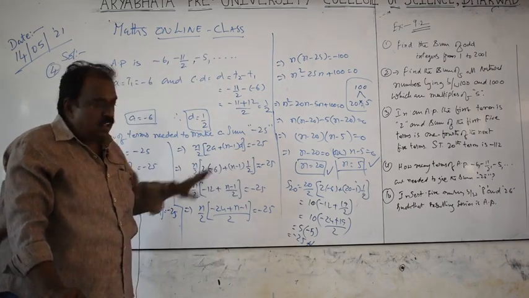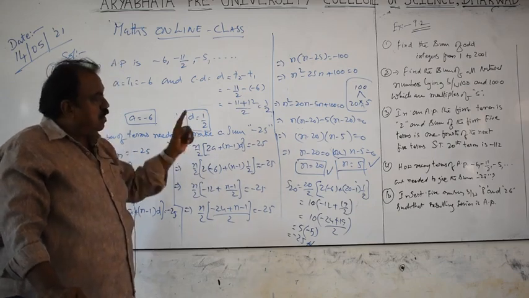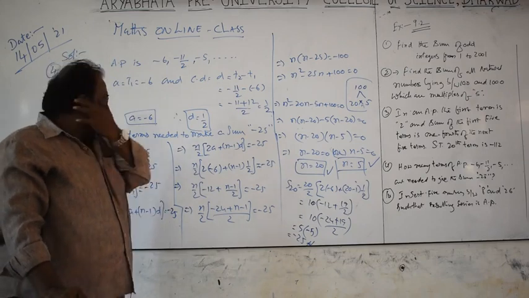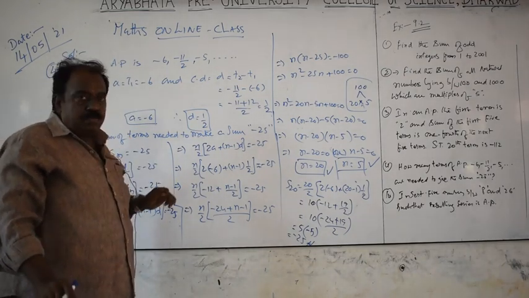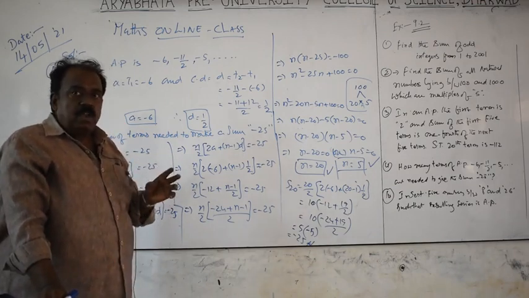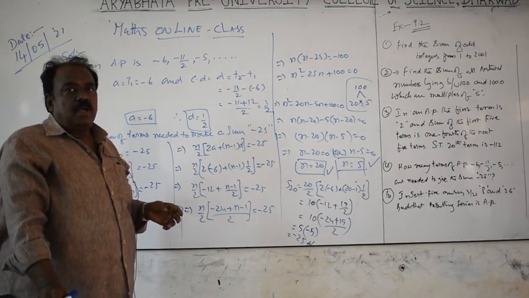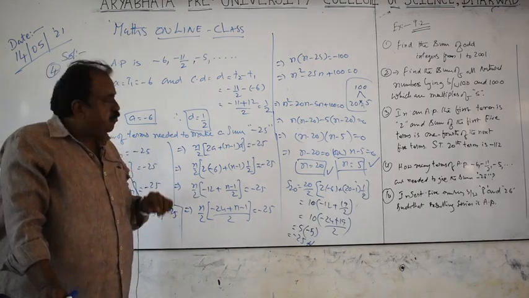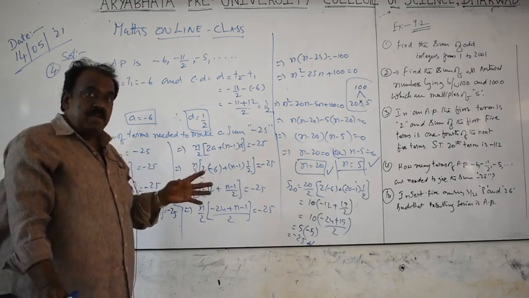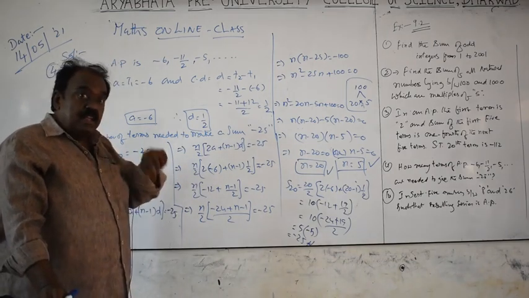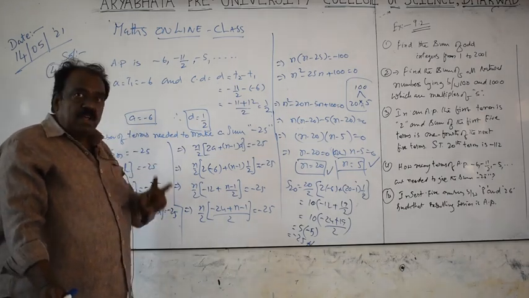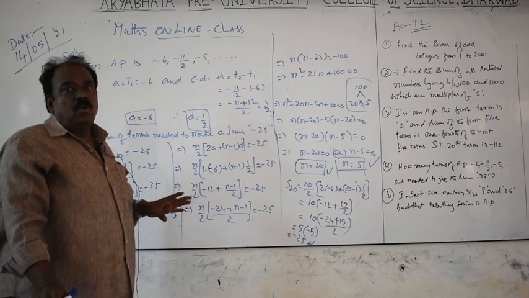So n is equal to 5 and n is equal to 20, both are correct. You see, whenever the roots of a quadratic equation are two, both values may be correct, or one value may be correct and the other value may not be correct.